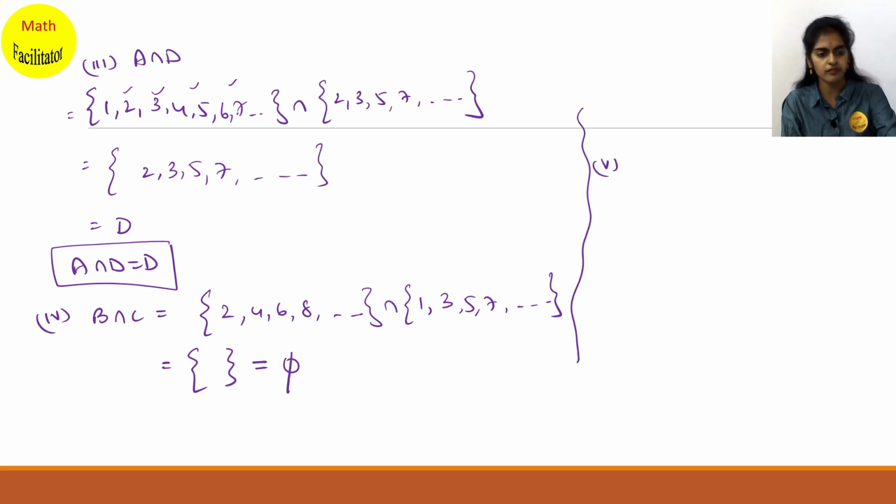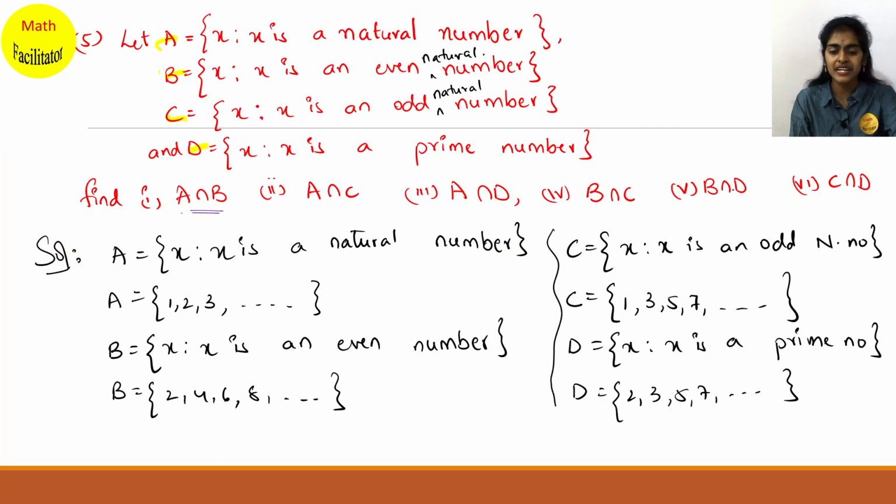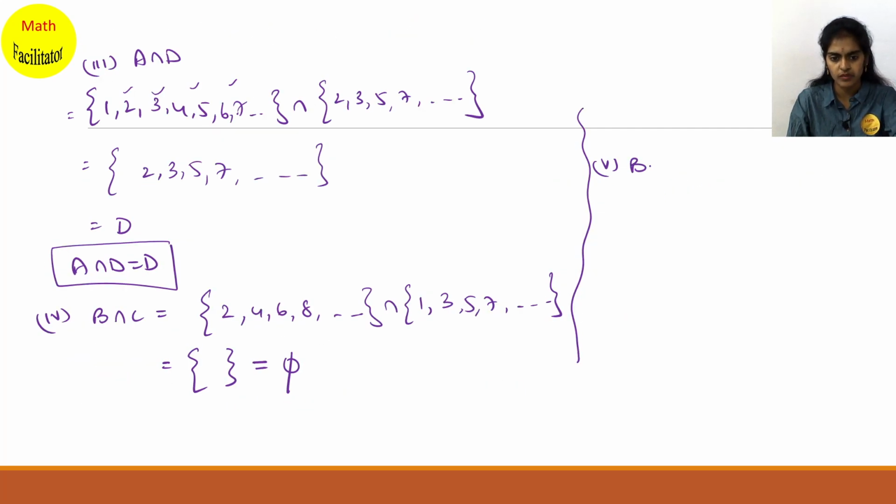So let us talk about fifth bit. Fifth bit is nothing but B intersection D. B is nothing but the set of all even numbers 2, 4, 6, 8 and so on. D is nothing but the set of all prime numbers 2, 3, 5, 7 and so on. Here you see only 2 is a common element, right?